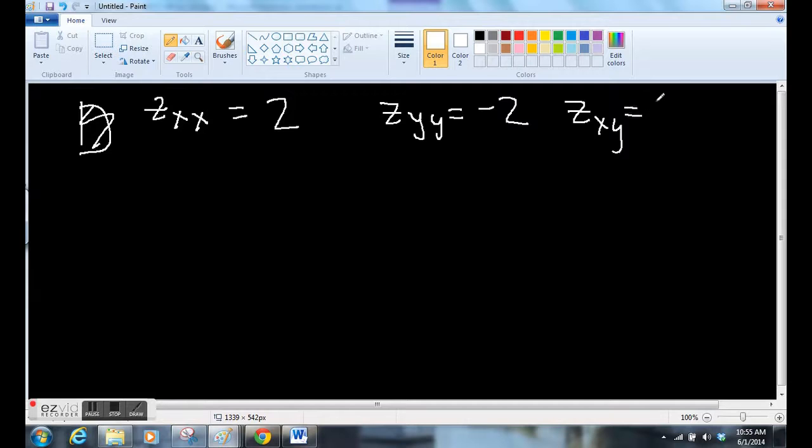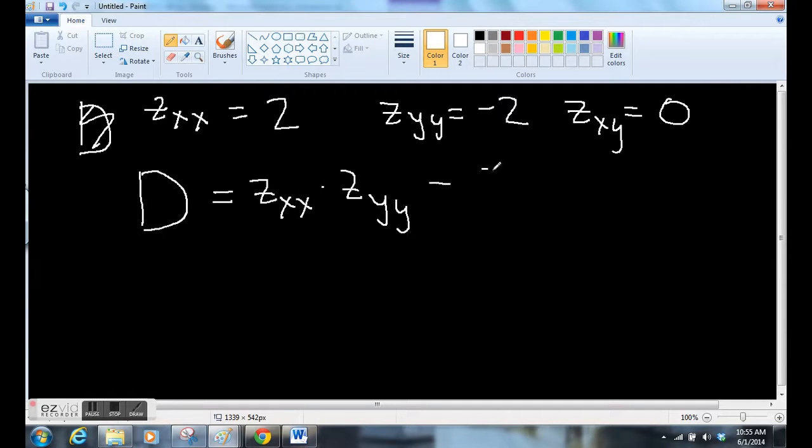D, this number D, this difference that you're looking for, is going to be equal to zxx times zyy minus zxy squared. Why is that the case? Well, just go with it. For now, I don't need you to worry about the derivation of this thing. So D, zxx, that's 2, zyy, negative 2, minus zxy, 0 squared.